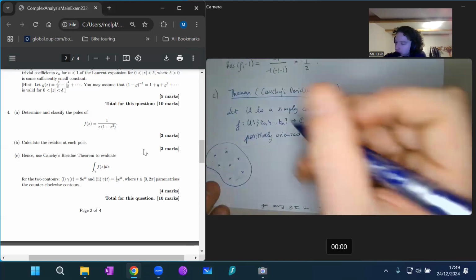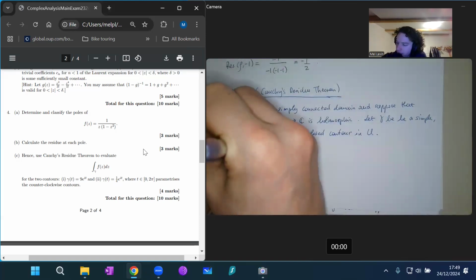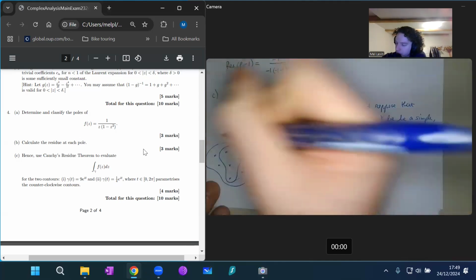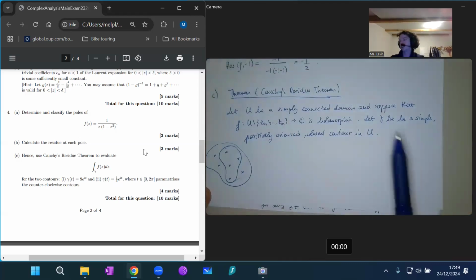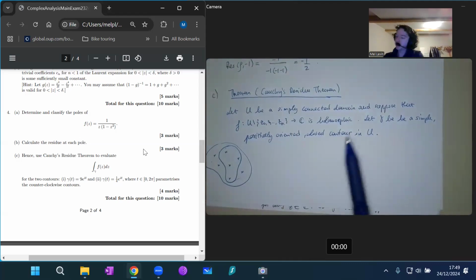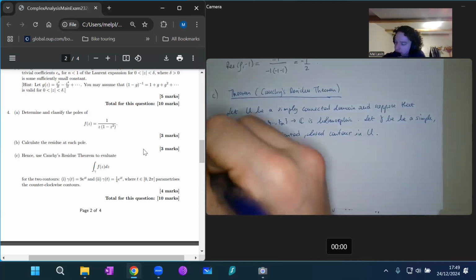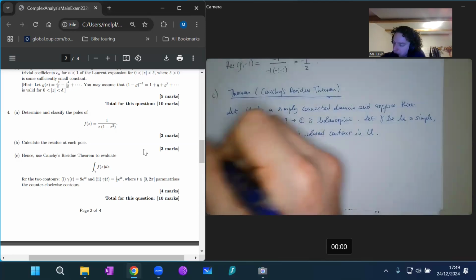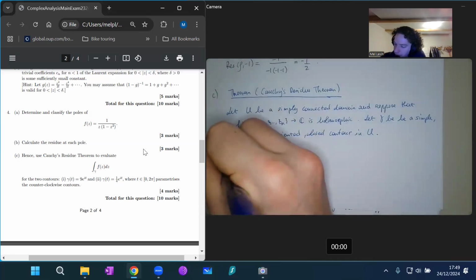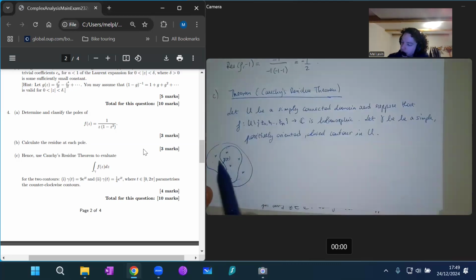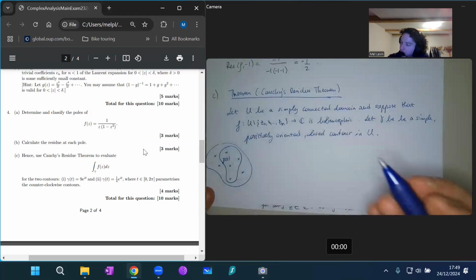Okay, we haven't talked about contours at all yet. A contour is basically a parametrized curve, parametrized by a parameter like t, so that's like gamma of t.